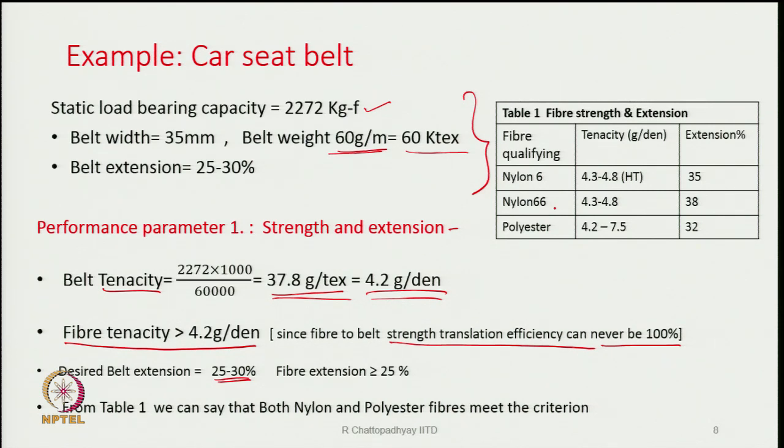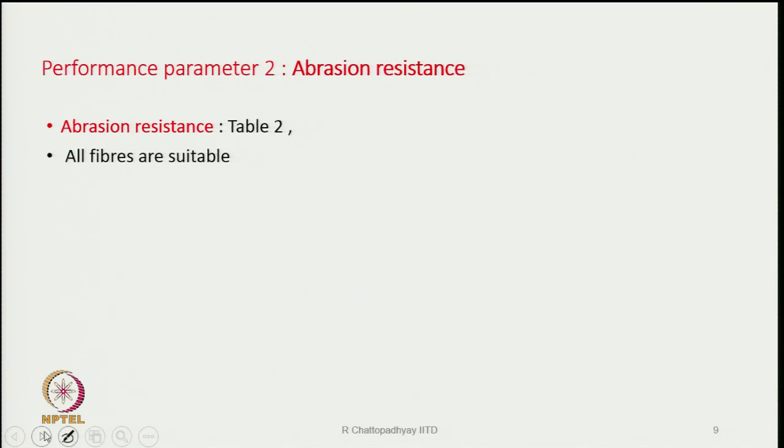As an example, I am giving that these are the 3 fibers which meet the criteria that has been stated just now, and therefore, all of them will be suitable for the manufacturing of a car seat belt. Next, if I now go for another criterion, that is abrasion resistance, the car seat belt must have a good abrasion resistance value.